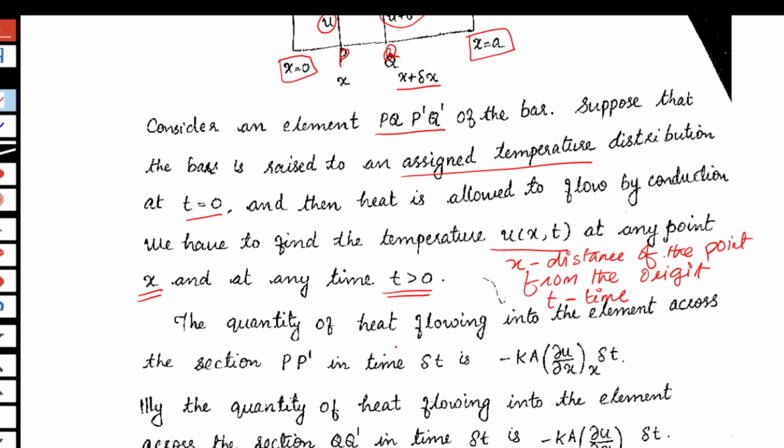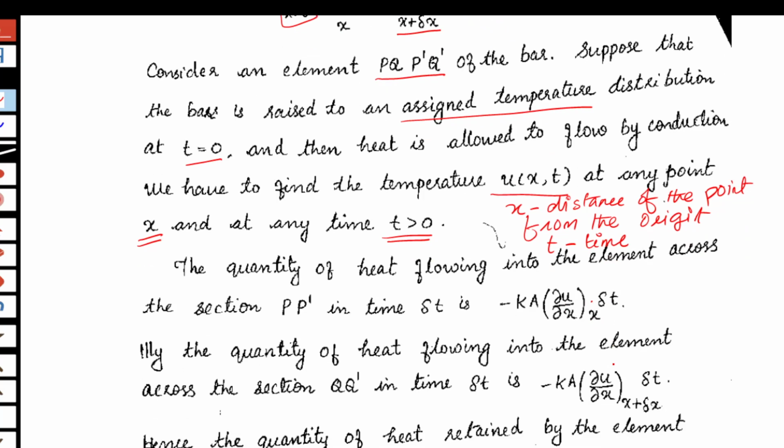Now the quantity of heat flowing into the element across the section PP' in time delta t is given by minus KA ∂u/∂x at x into delta t. Similarly, the quantity of heat flowing out of the element across the section QQ' in time delta t is evaluated as minus KA ∂u/∂x at x plus delta x into delta t.